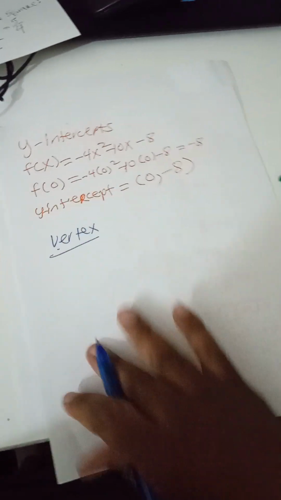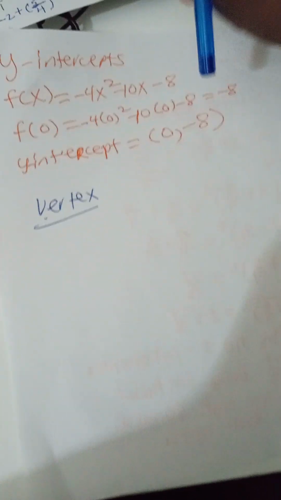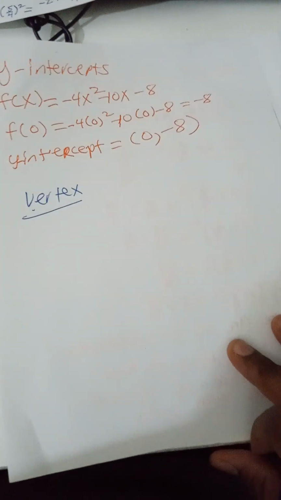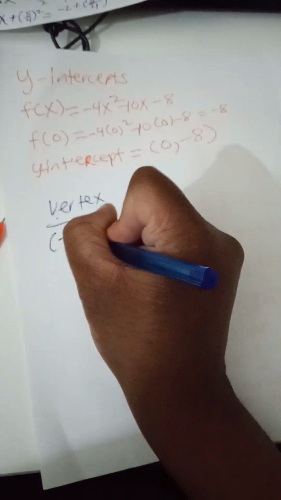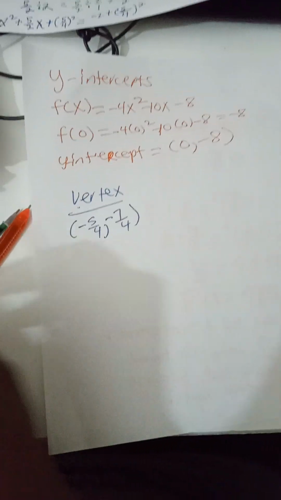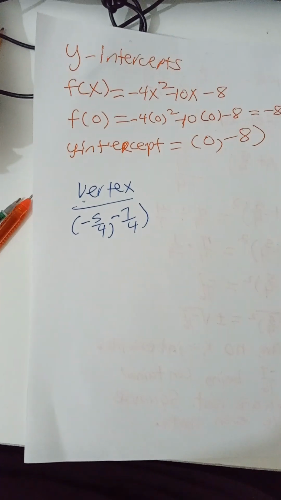So our vertex, we found out when we worked on the problem, was -5/4, -7/4. So let's have this marinate for a little bit here.